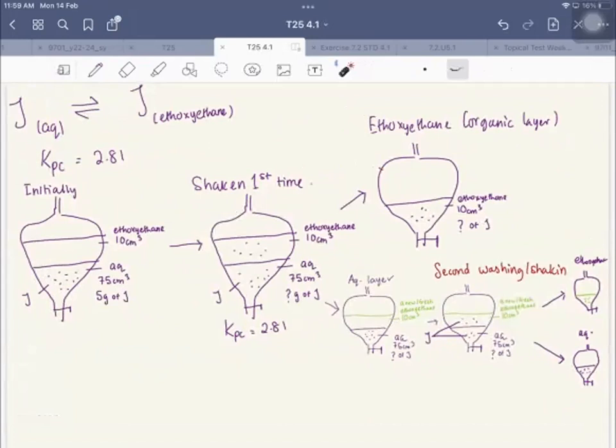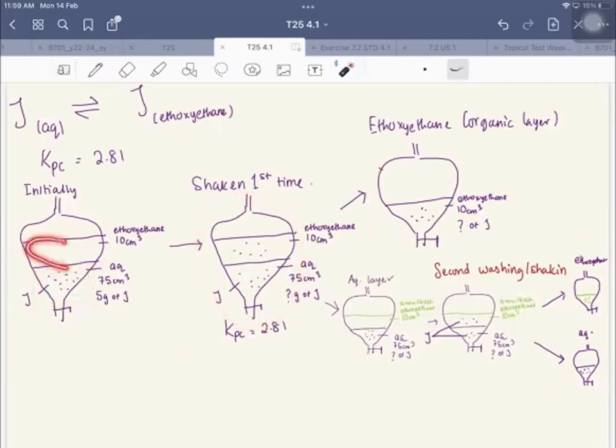In a new experiment, 10 cm³ of ethoxyethane, that's this layer, were shaken with 75 cm³ of an aqueous solution containing 5 grams. So that's this layer, aqueous. The layers were separated. So this is what happens after shaking.